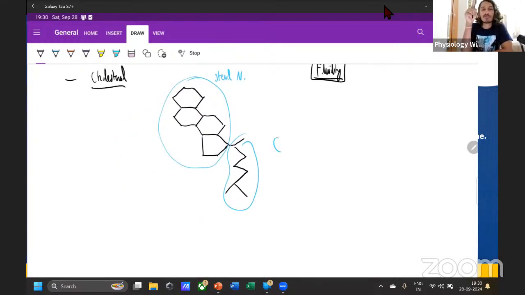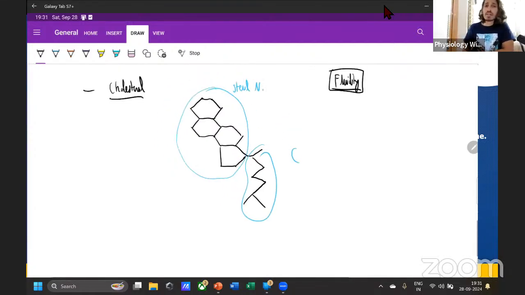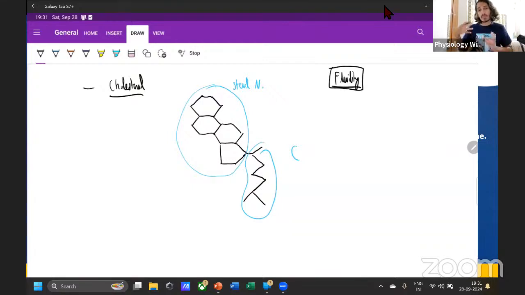One, the concentration of the cholesterol. Two, the temperature. The thing is, usually when temperature increases, the fluidity of a membrane increases. When temperature decreases, the fluidity decreases. Okay. What cholesterol does is, it prevents excess fluidity when temperature goes overboard, and it prevents freezing when temperature drops.